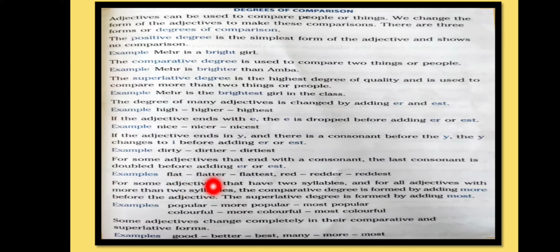Red is actually single, that d is single, but when we add er, it became double, redder, and here also it is double. So in comparative and superlative, that single letter will be doubled, but in positive that letter will remain single only. So these are the examples for this rule.